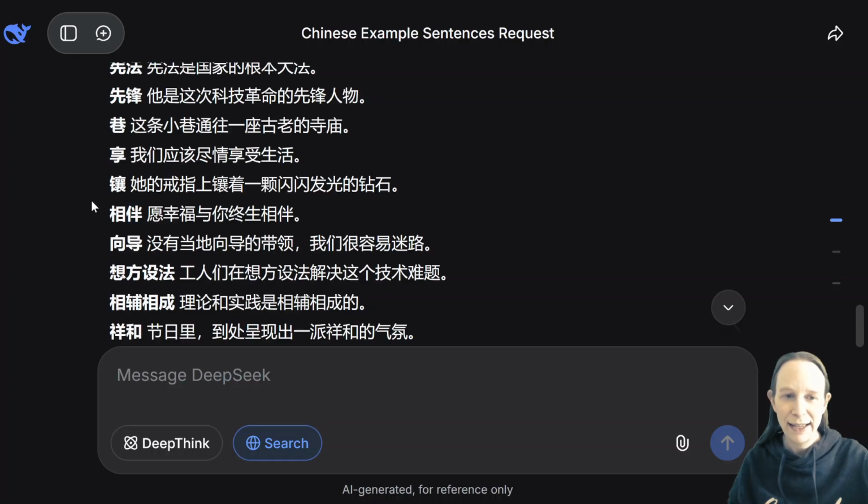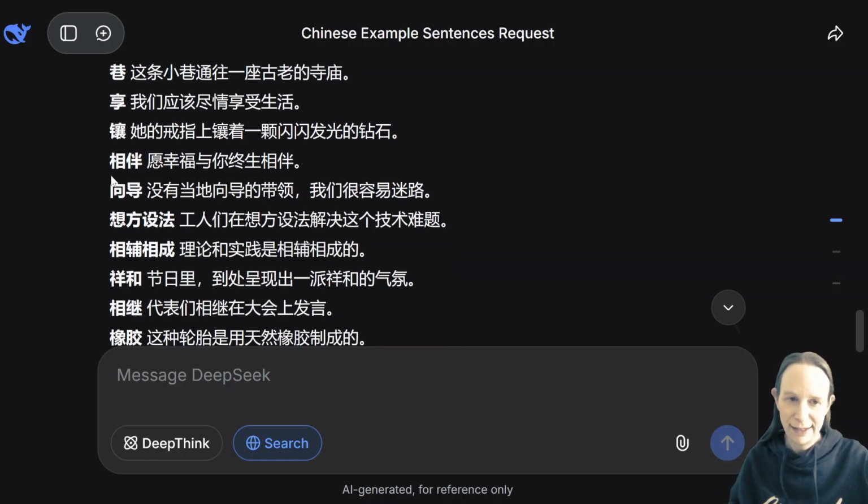Anyway, 相伴. So it's like, okay, I don't really know, but it's going to be like mutual partners or something in this ballpark. 愿幸福与你终生相伴. Okay, so I wish fortune is your eternal partner.